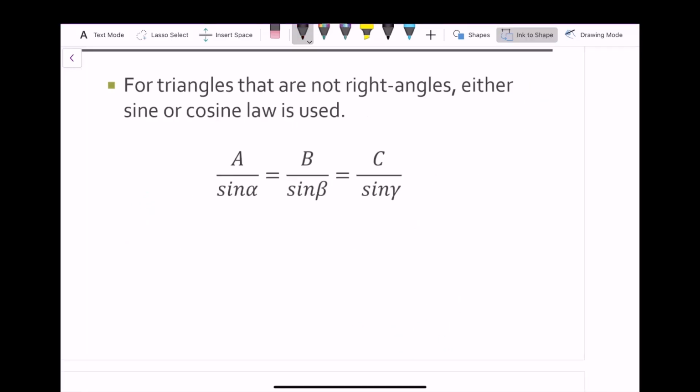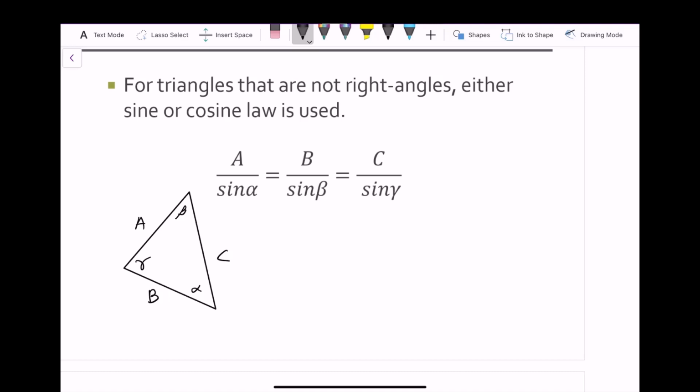Okay, for triangles that are not right angles, we have the sine law and cosine law that we can use in order to solve for either a length or an angle in that triangle. So if I were to draw out a non-right angle triangle, sides A, B, C, with angles, okay, then we can apply the equation shown here, and this is the sine law.